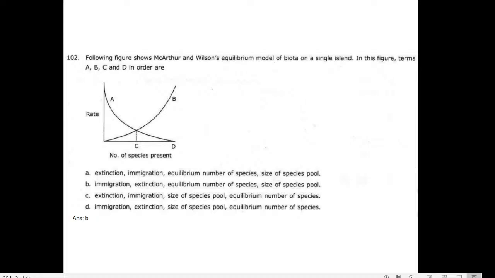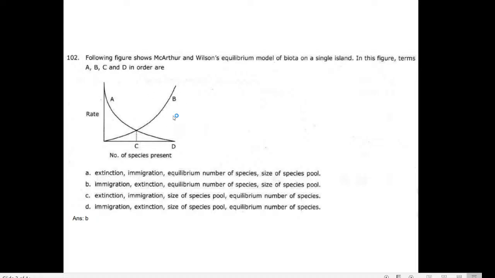So this image explains the islands. Island A has a particular number of species, island B has a particular number.